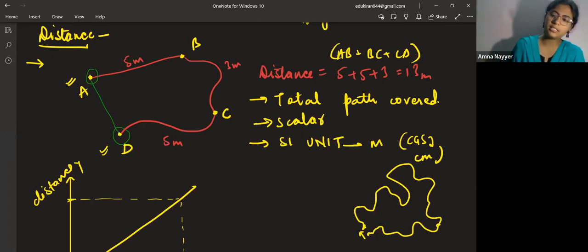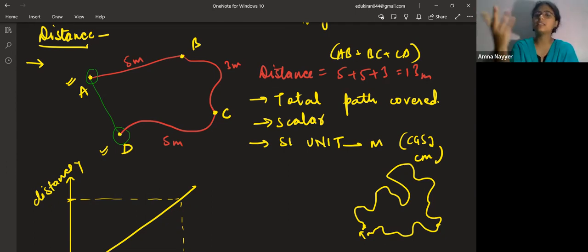But when we just join the initial and final position, that is, get the shortest distance possible for the point to be reached, that is known as displacement. Another difference is that distance is a scalar quantity, whereas displacement is a vector quantity. Displacement can be negative, zero, or positive, while distance can only be zero or positive. You cannot have a negative distance.